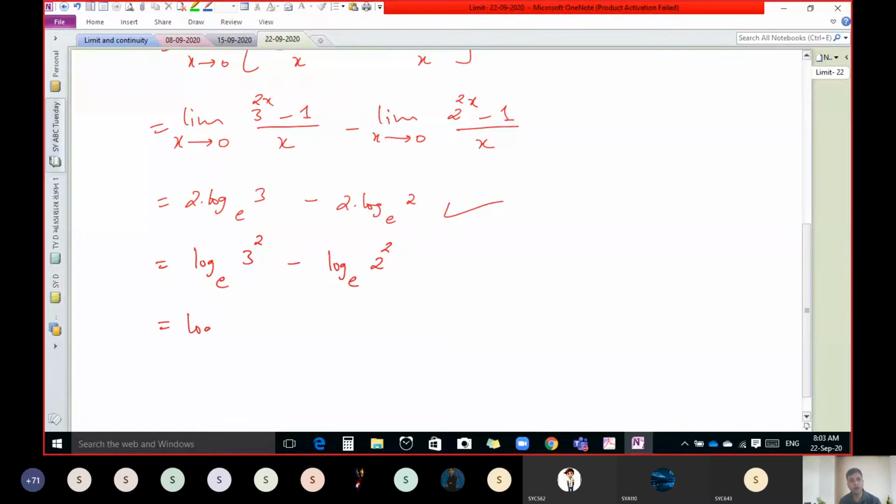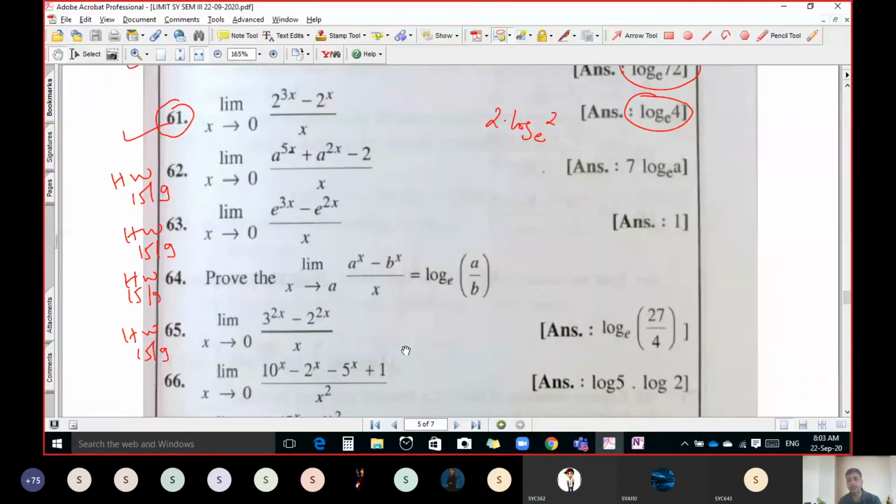So this becomes log 9 base e minus log 4 base e. If we don't write base, it's okay. And what we can write about this? Sir, log 9 by 4. Log 9 by 4, correct. Log 9 by 4 base e. That is our final answer.